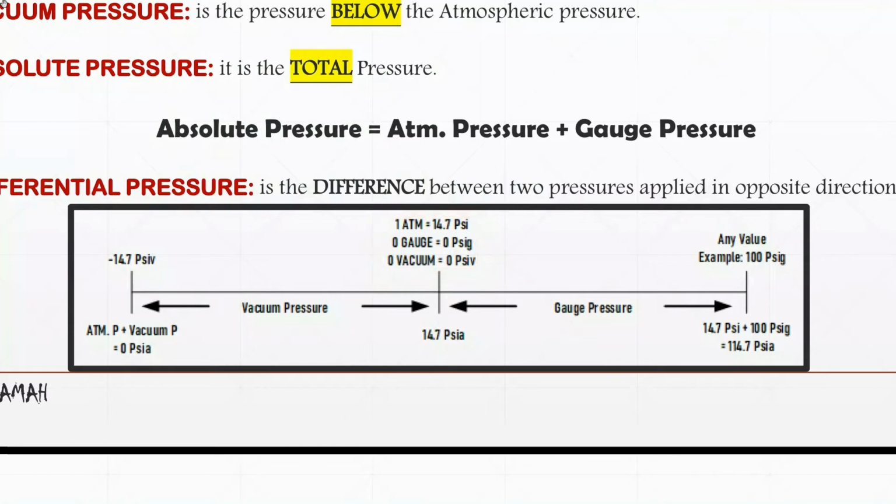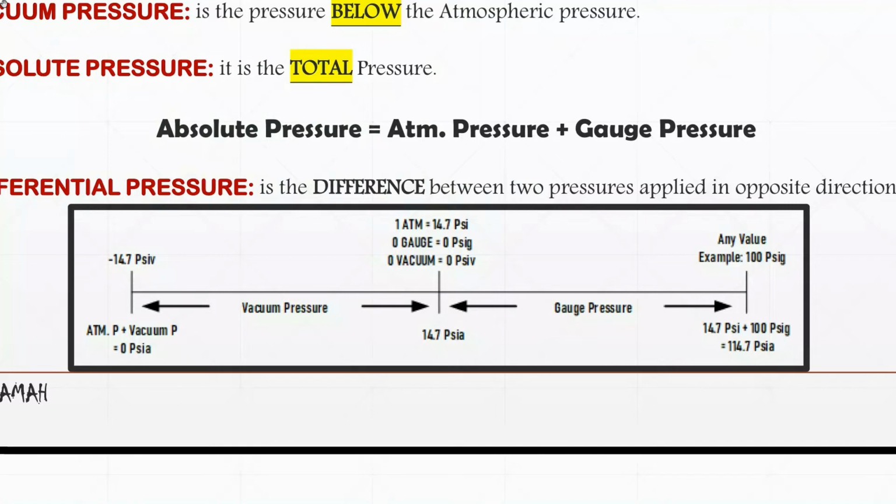In this area we have 1 atmosphere, which is equal to 14.7 psi, and there is no more pressure applied than the atmospheric pressure, and there is no pressure suck or vacuum pressure. So both gauge and vacuum equal 0, okay, equal 0.